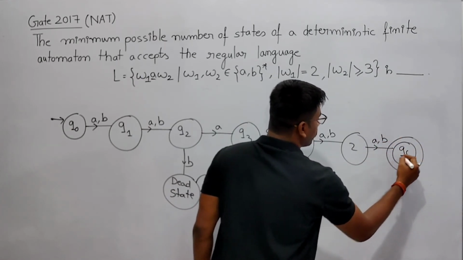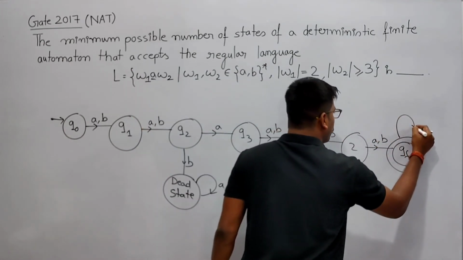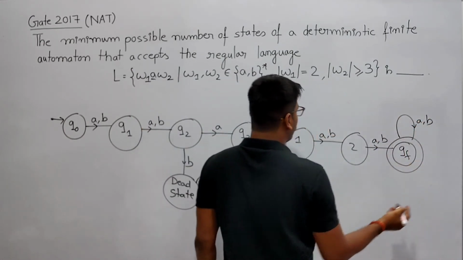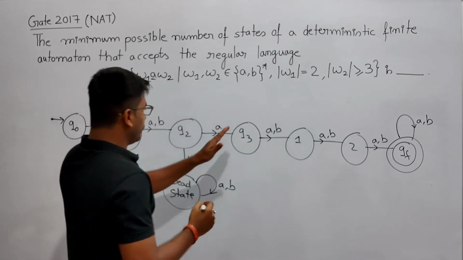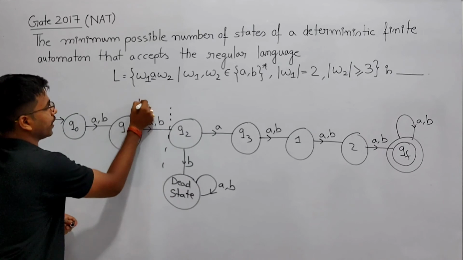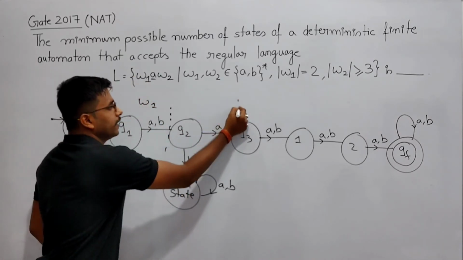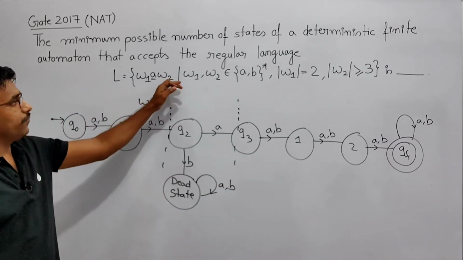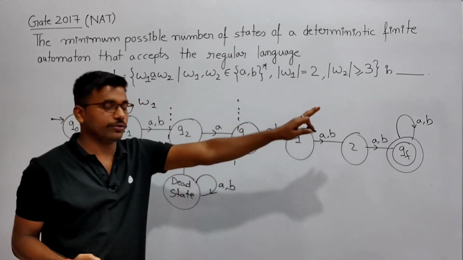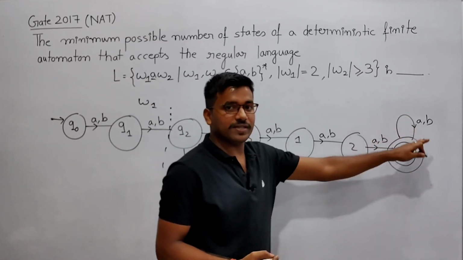Okay, final step. Now after that if you are again getting anything, you will stay there only. See, we did this till W1 because the length should be equal to 2. Then we require A, we got it. Now for W2, the length should be greater than or equal to 3: length 1, length 2, length 3. After that any combination is accepted.